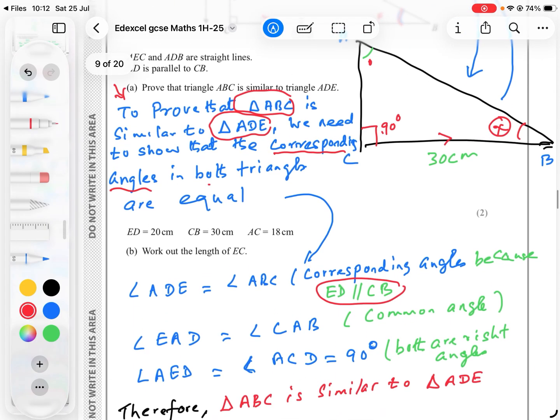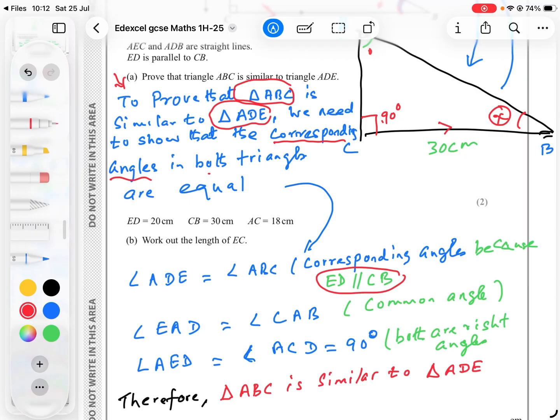So we show that now the two corresponding angles are equal.